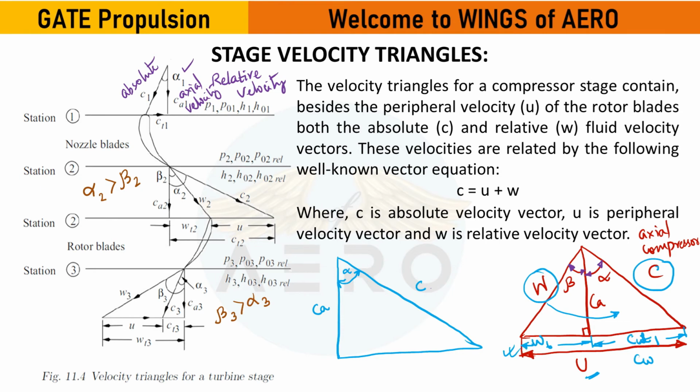Now when I want to overlap this line and convert it over here, this becomes my other triangle.